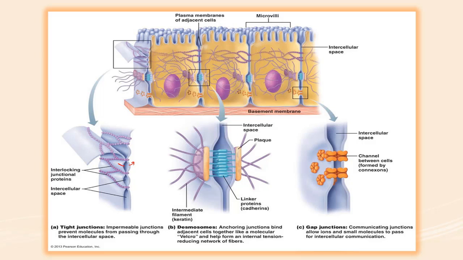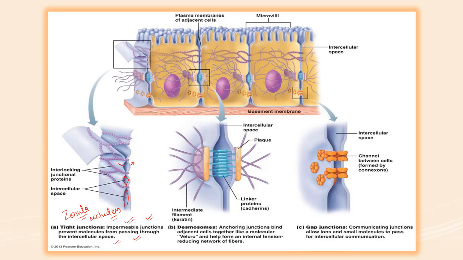These are intercellular spaces. These are tight junctions or zonula occludens. Impermeable junctions prevent molecules from passing through the intercellular spaces.